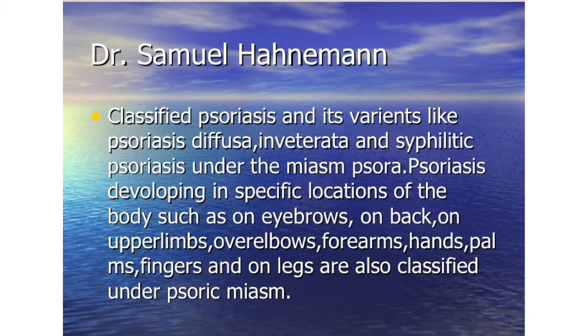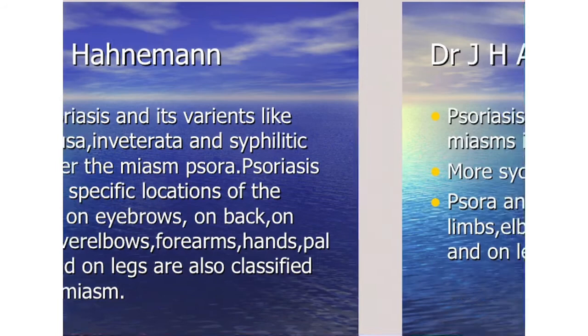Dr. Samuel Hahnemann classified psoriasis and its variants, like psoriasis diffusa, inveterata and syphilitic psoriasis, under the miasm psora. Psoriasis developing in specific locations of the body, such as on the eyebrows, back, upper limbs, elbows, forearms, hands, palms, fingers and legs, is also classified under the psoric miasm.